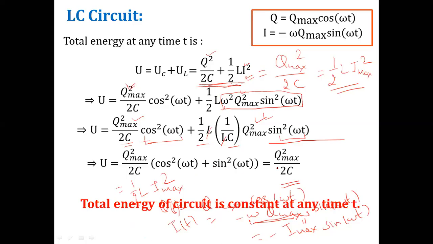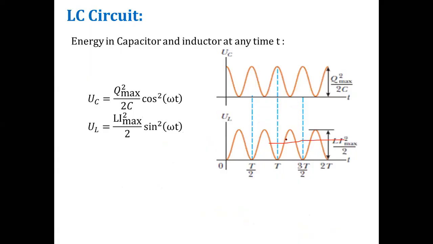Because your Q max is constant, your capacitance is also constant, or you can say that your inductor value is constant and your I max is also constant here. If you talk about the energy stored in the capacitor as a function of time, you have something as a cos square omega t.